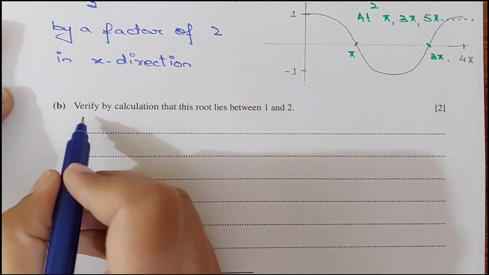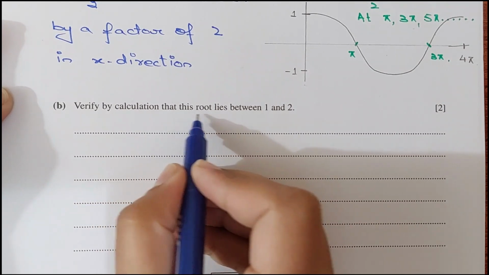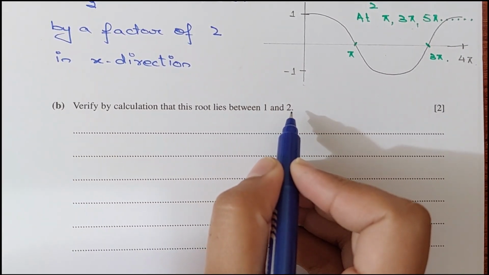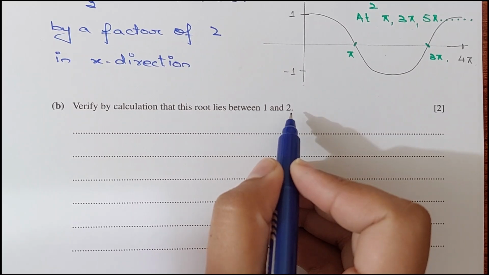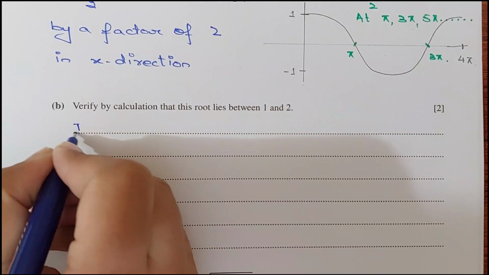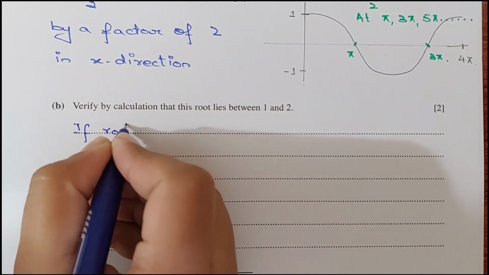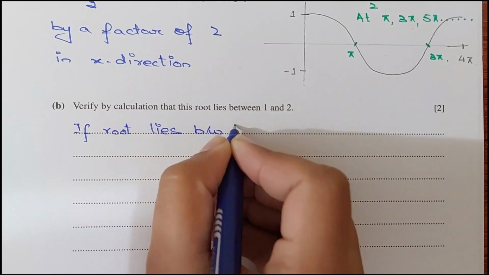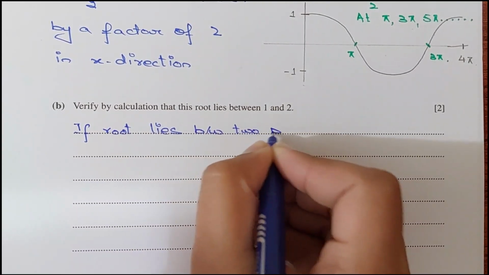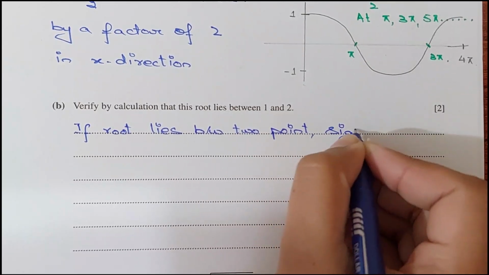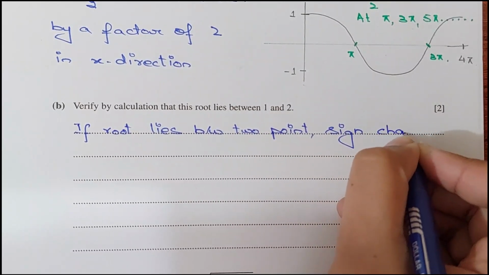Part B, verify by calculation that this root lies between 1 and 2. If the root lies between 2 points, it means a sign change occurs, right? What is a sign change?